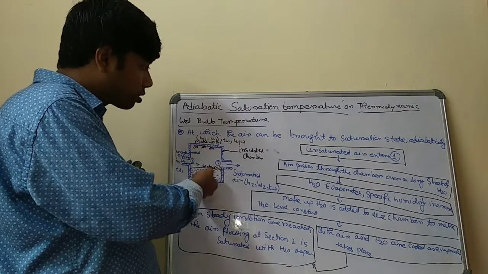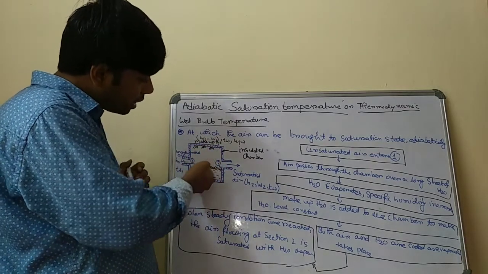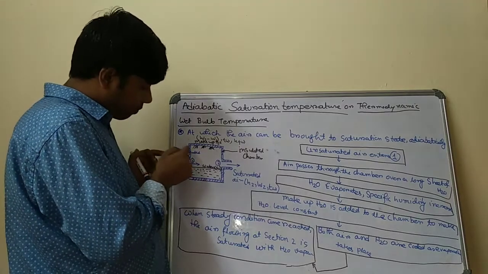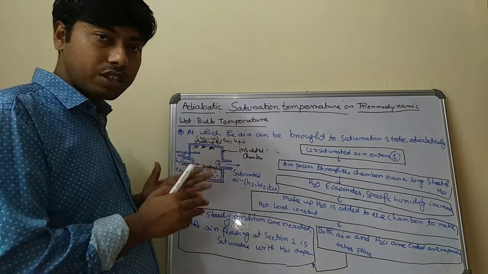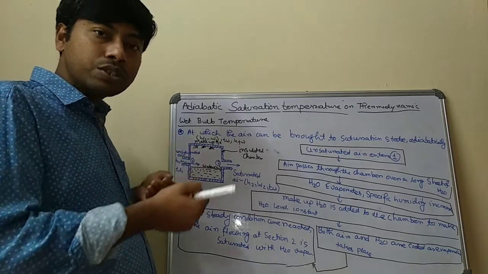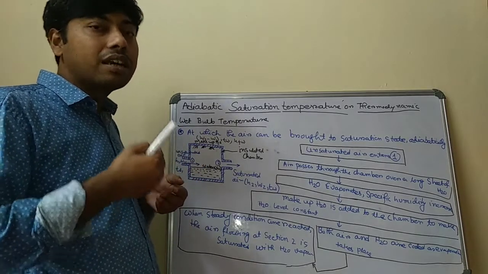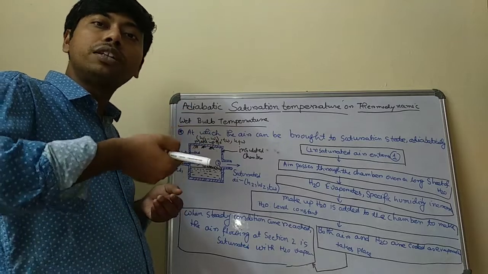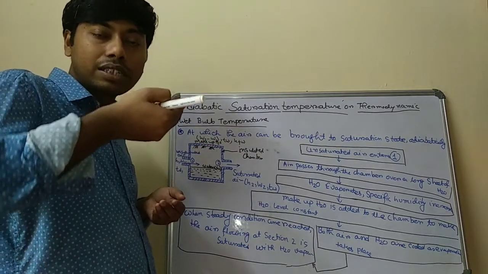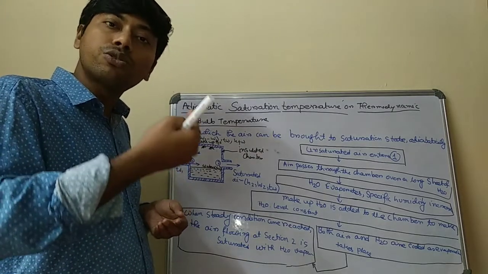As the evaporation takes place, the initial specific humidity of the unsaturated air is W1. When evaporation occurs, the water vapor content becomes higher, so the specific humidity also increases.